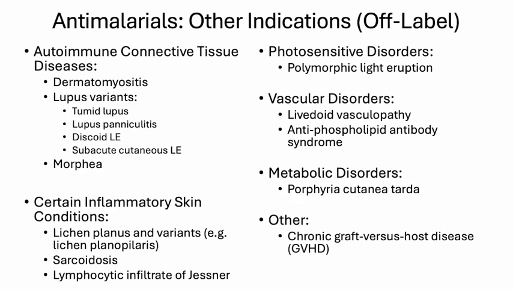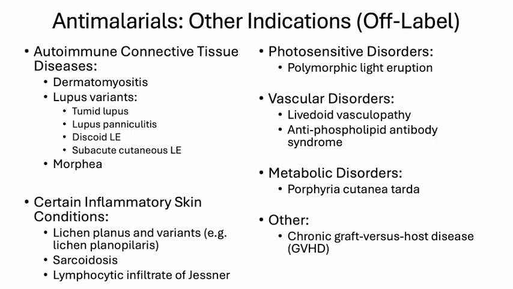Antimalarials are only approved for use in systemic lupus erythematosus, rheumatoid arthritis, and malaria, but we use them off-label in dermatology for a number of conditions, including autoimmune connective tissue diseases, certain inflammatory skin conditions like lichen planus and its variants, photosensitive disorders, vascular disorders, metabolic disorders like porphyria cutanea tarda, and some other conditions like chronic graft versus host disease.